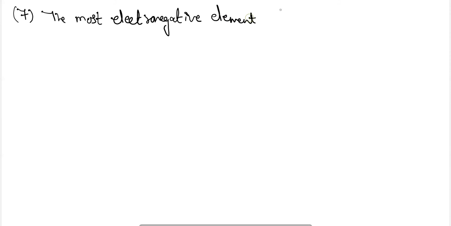The next, seventh rule is that the most electronegative element, fluorine, has an oxidation number of minus 1.